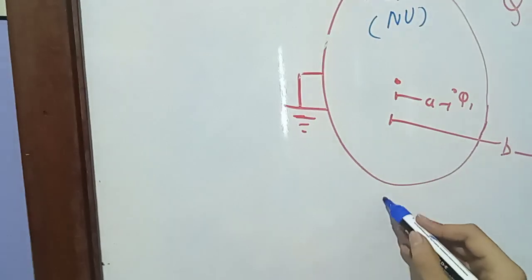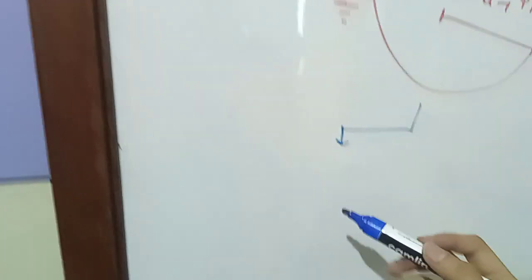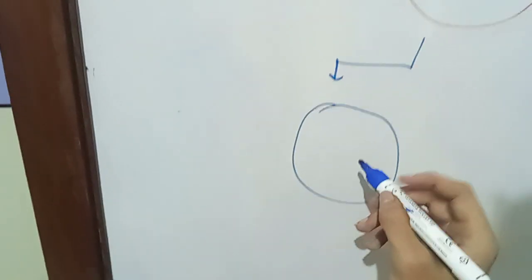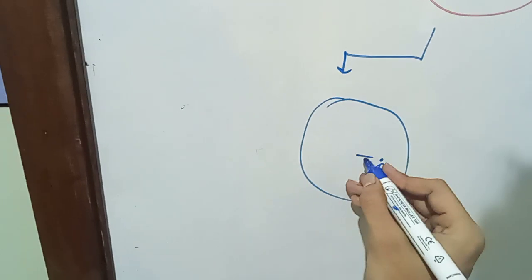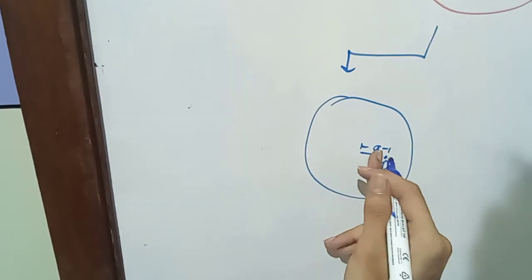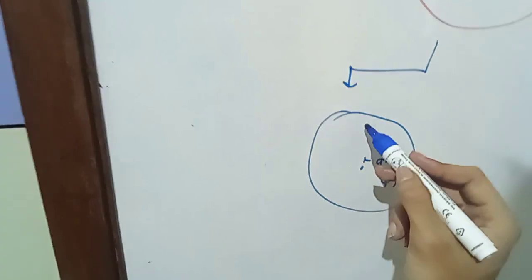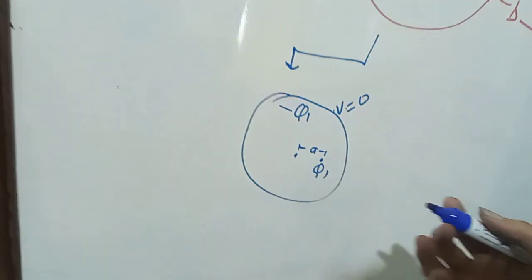Now, dividing it in two sections, the first system is just the sphere with q1 inside, at a distance a from the center, and minus q1 here. Due to this V is 0, as we discussed earlier.